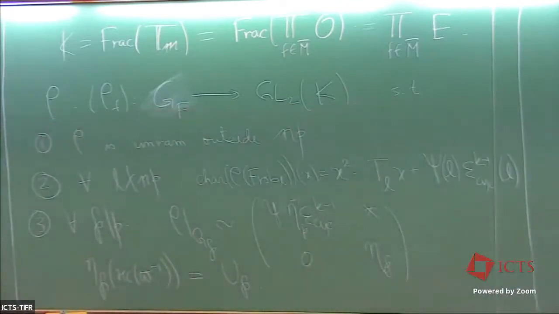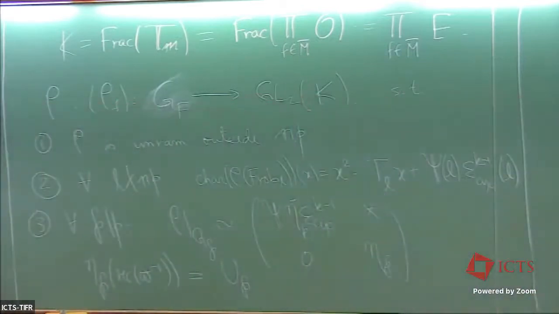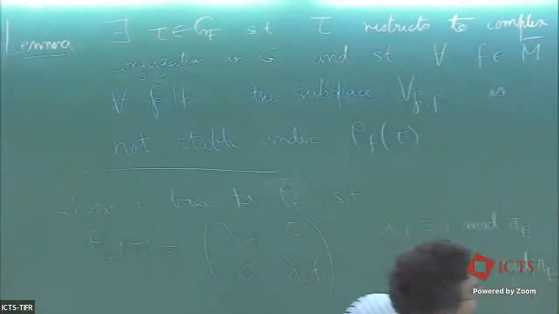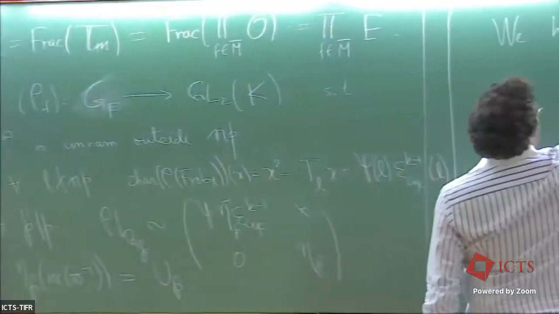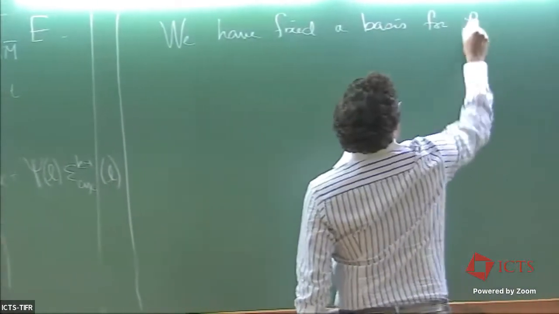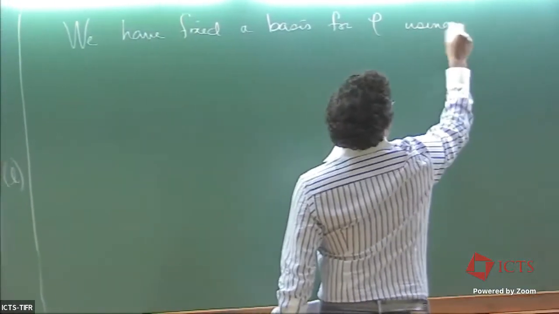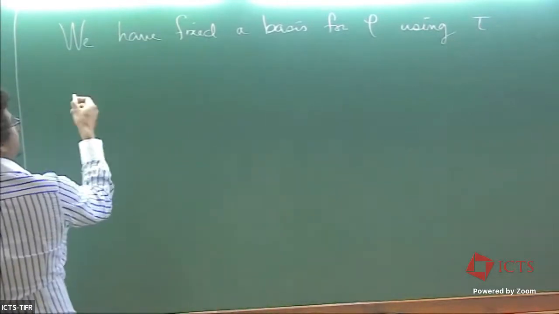Now you have fixed a basis for each of these rho_F, right? We fixed a basis for each of these rho_F, so we get a basis for rho. So I'll just say this here: we have fixed a basis for rho using our element tau, right? And so I've rigidified the situation.